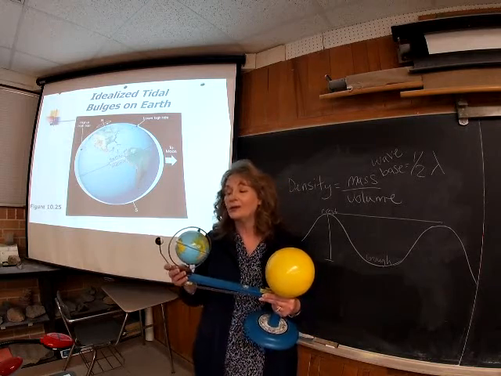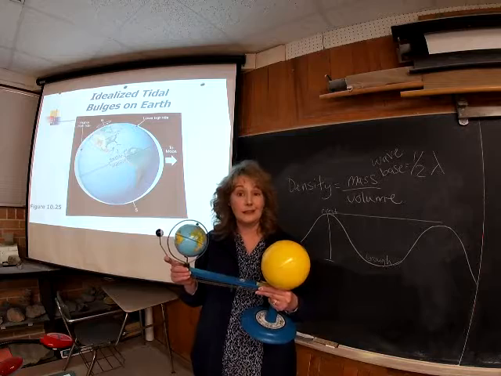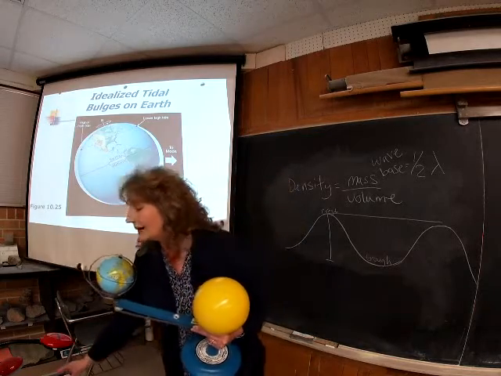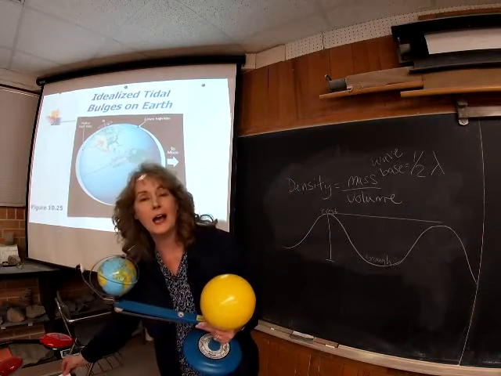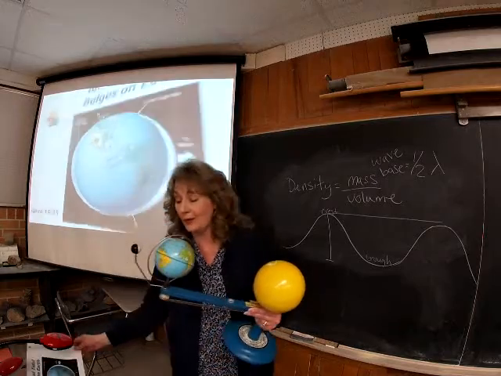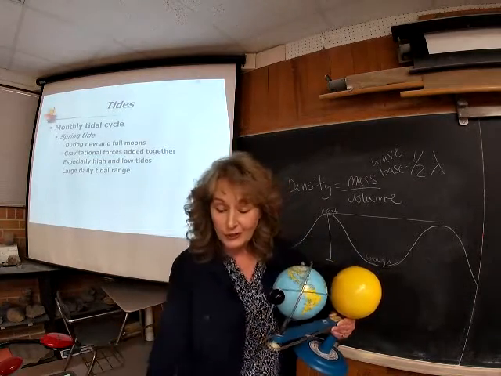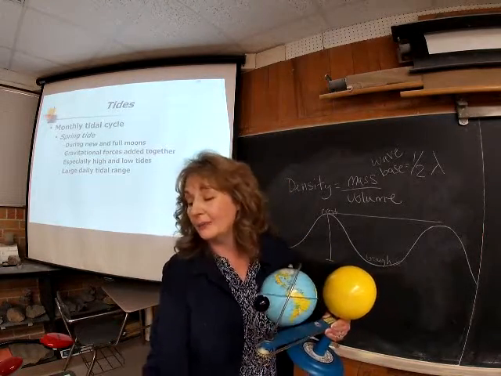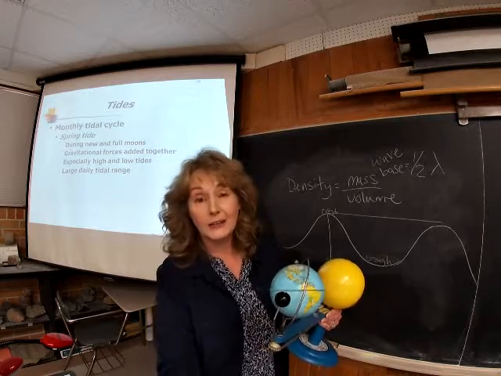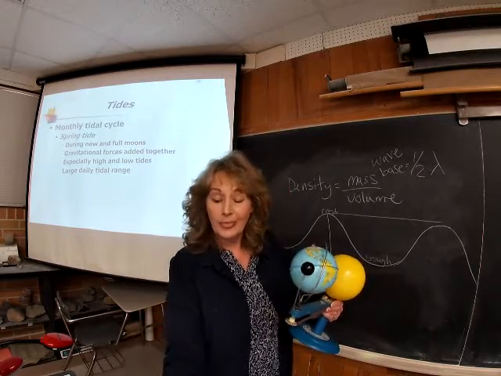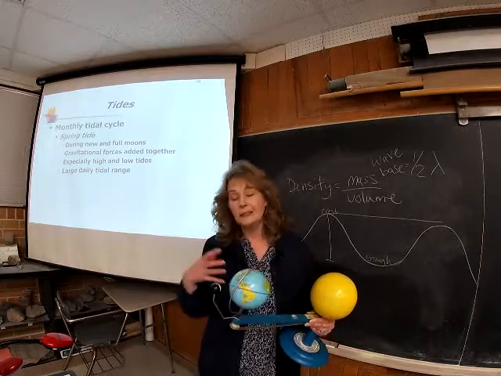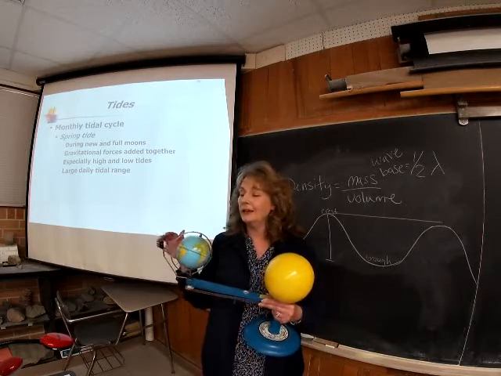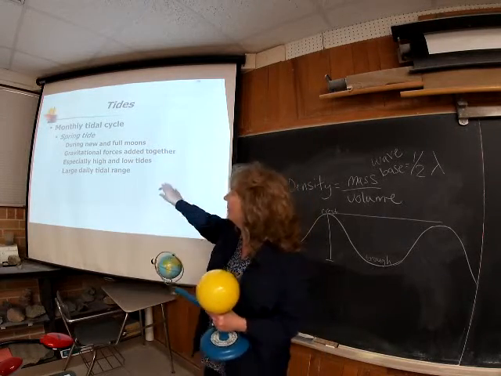We call those spring tides, okay? You're getting higher high tides and lower low tides, so that sort of change, okay, between high and low tides, daily cycle, are really exaggerated in the spring tide, we call that.